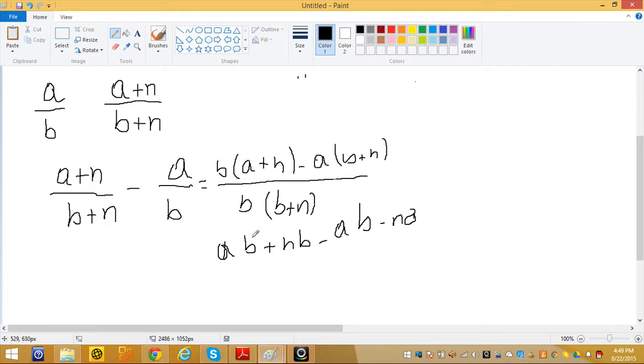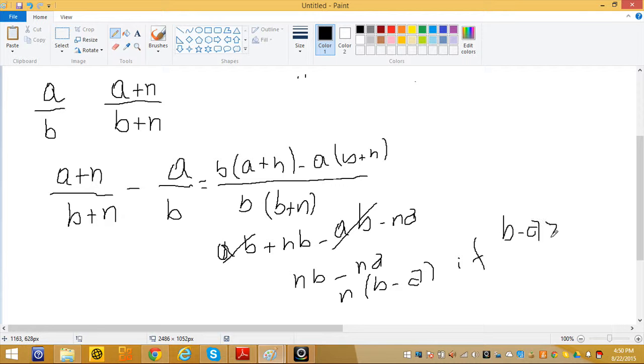We don't have any ab, so I end up with n times b minus n times a. If I factor, n times (b minus a). I know n is a positive number, a whole number. So in order for this to be a positive number, I just need b minus a to be positive.